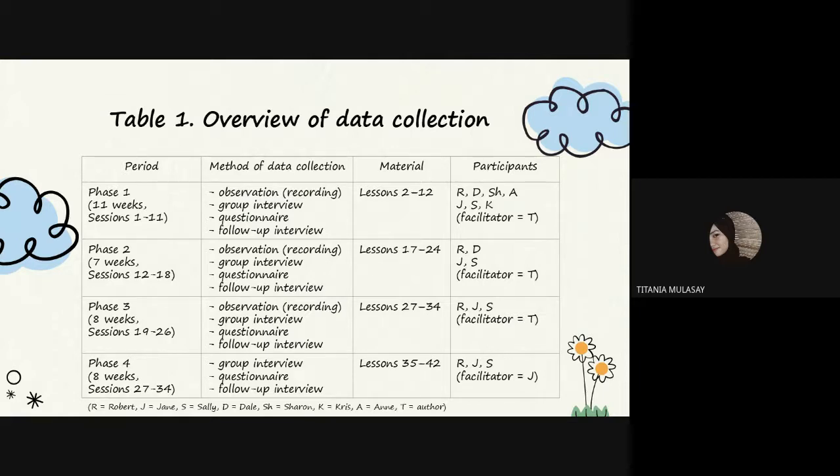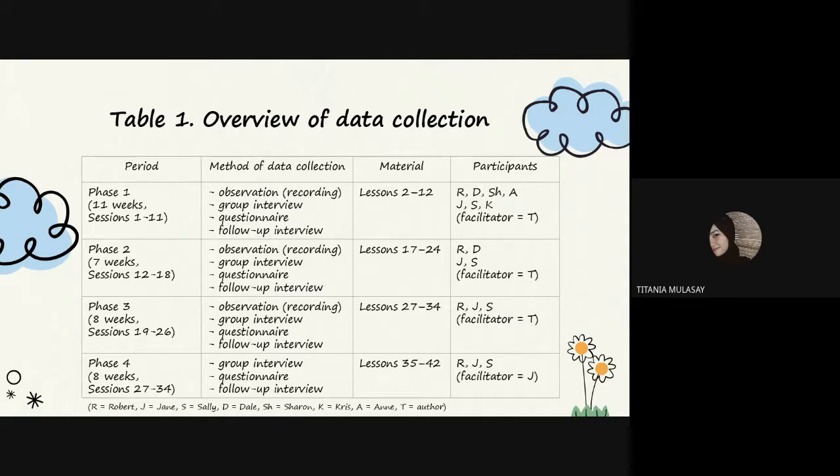Phase 2, 7 weeks, session 12 until 18. Teacher used methods of data collection such as observation, group interview, questionnaire, and follow-up interview. The materials given are lesson 17 until 24 and the participants are Robert, Del, Jen, and Sally, and the facilitator is the author.